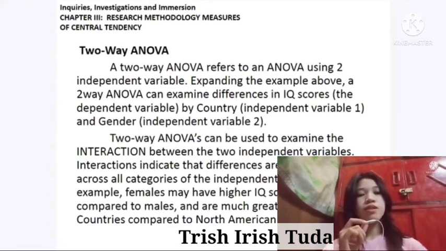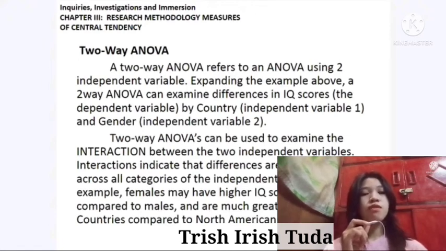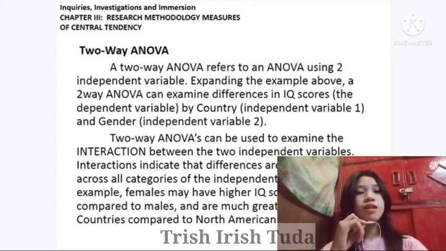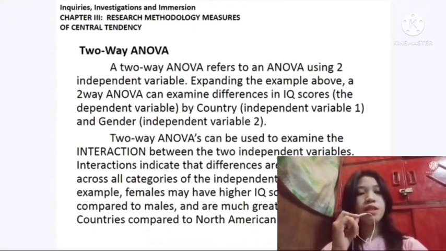Two-way ANOVAs can be used to examine the interaction between the 2 independent variables. For example, females may have higher IQ overall compared to males, and the gap is much greater in European countries compared to North American countries. Two-way ANOVA is also called factorial ANOVA.